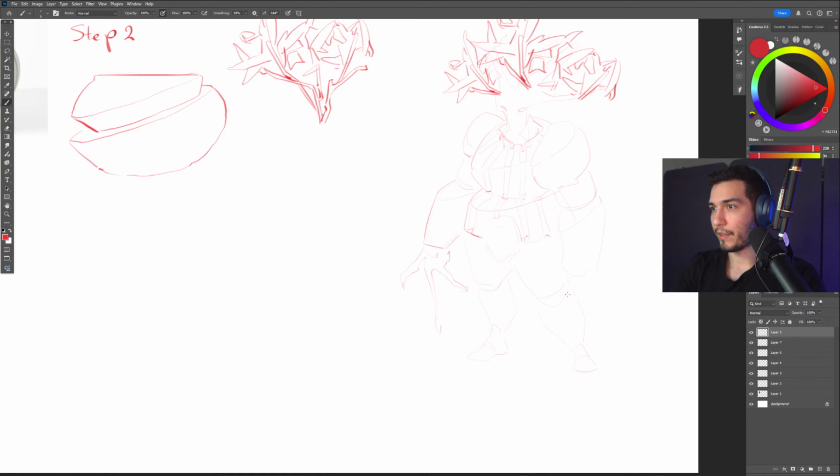And maybe here you have an overgrown blade that seeps into this sword. Could be like that.